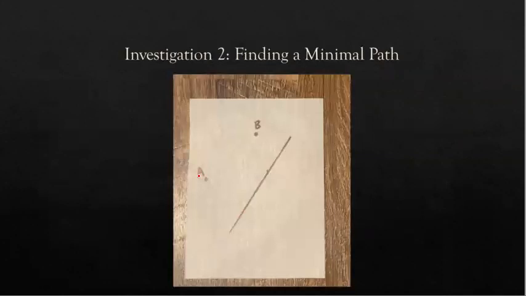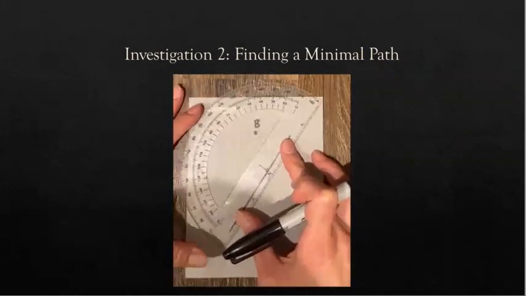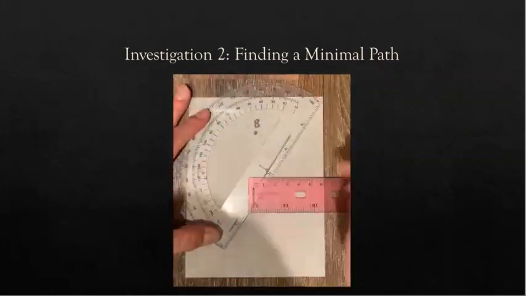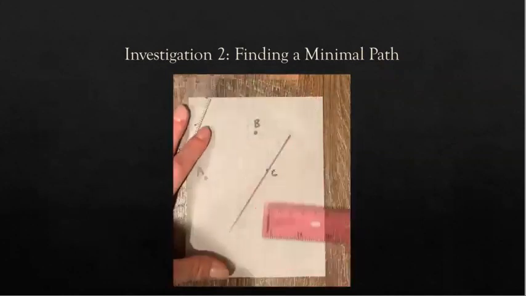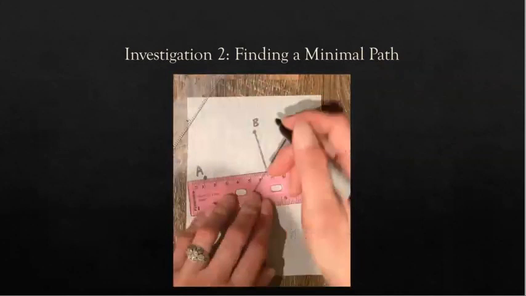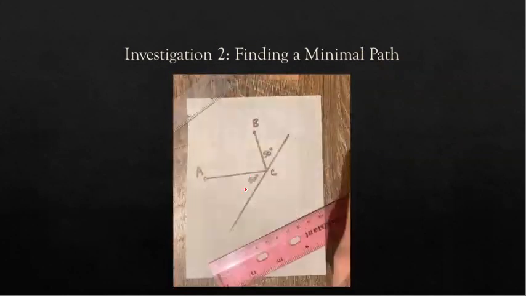So here is our A and our B and our cushion. So when I take my protractor, I'm trying to find what point on that cushion will give me the same incoming and outgoing angle. So if you look from the cushion table to A, that's 50 degrees.